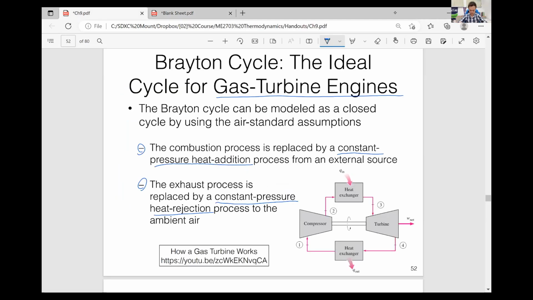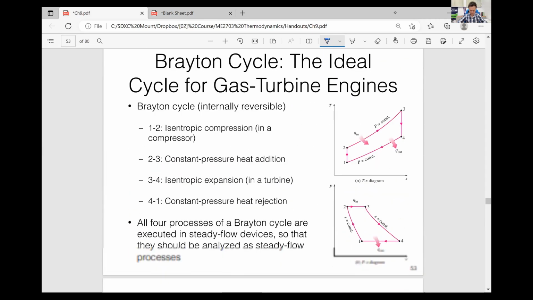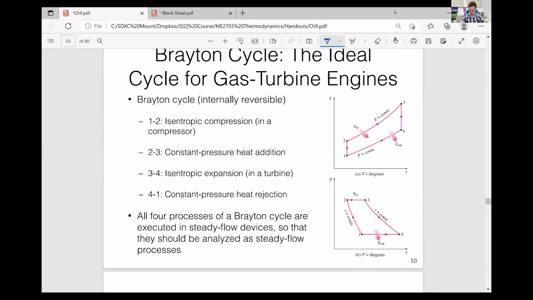Look at this. For the Brayton cycle, both heat addition and heat rejection processes are constant pressure. The Brayton cycle is also internally reversible. Process 1 to 2 is isentropic compression. 2 to 3, constant pressure heat addition. 3 to 4, isentropic expansion.